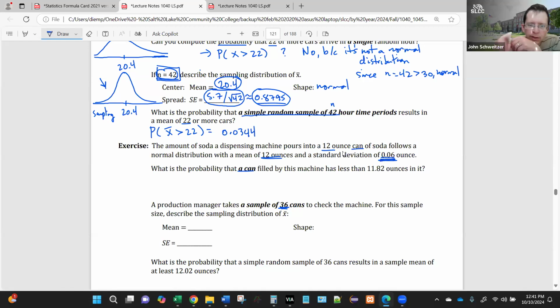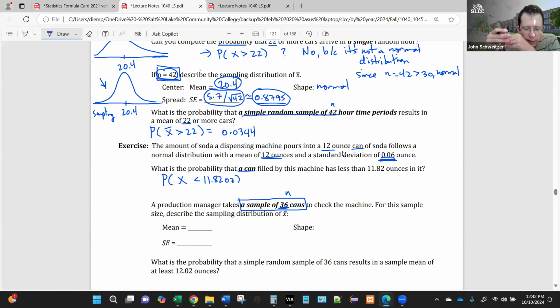So what's the probability that a single can, if we take a random sample of one can, has less than 11.82 ounces in it? That's the first question. Then I want you to think about the sampling distribution for samples of size 36. The first one is just a single can, where you answer a question about the fill.